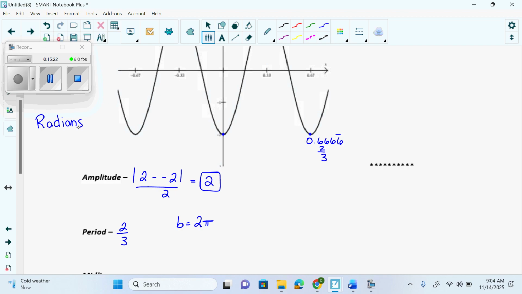2 pi divided by 2/3 is the same as 2 pi times 3/2, which is 3 pi.